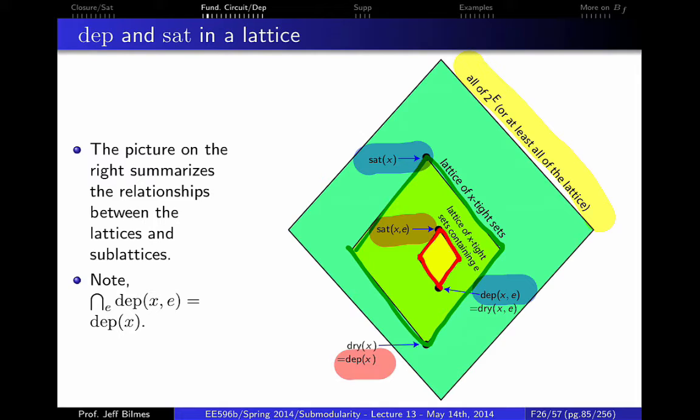And dep of x, or dry, is the minimal x-tight set. This is all for some x in P of f, so this is all relative to some particular x. If we change x, we get a completely different set of items, although everything would still be a sublattice of the big diamond. We would just move this first sublattice around somewhere in there.